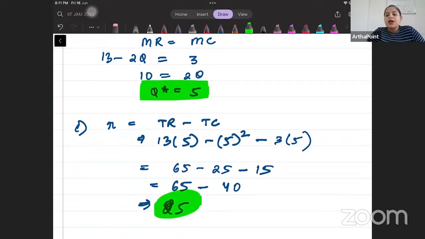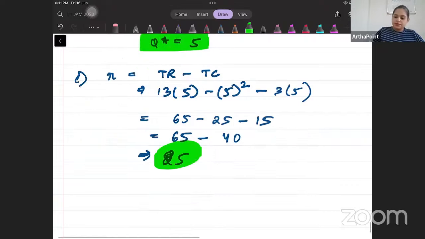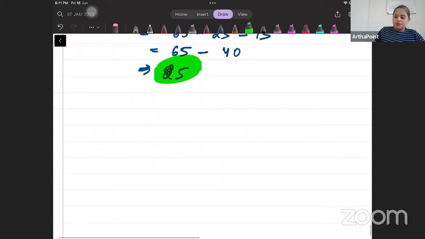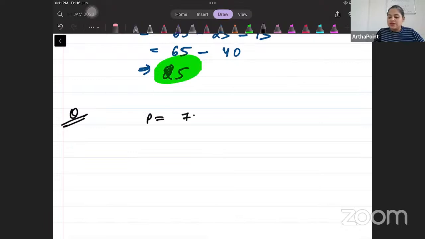Okay. Now, let us go ahead and take a question on oligopoly. The question that I want to give you is this. You're given that there are two firms and they face the demand curve P is equal to 700 minus 3Q.